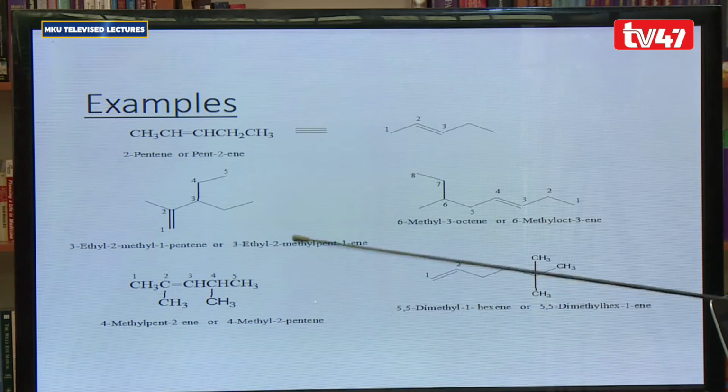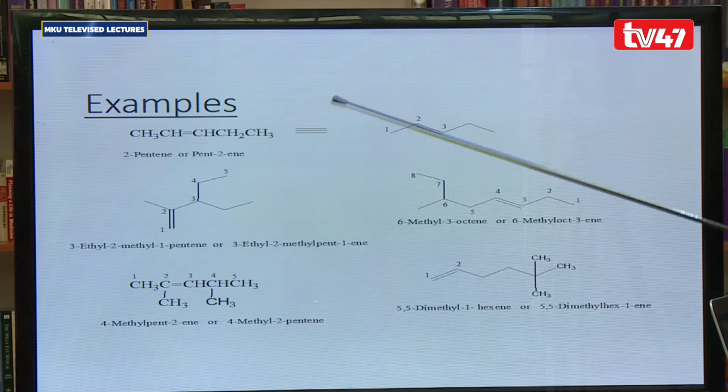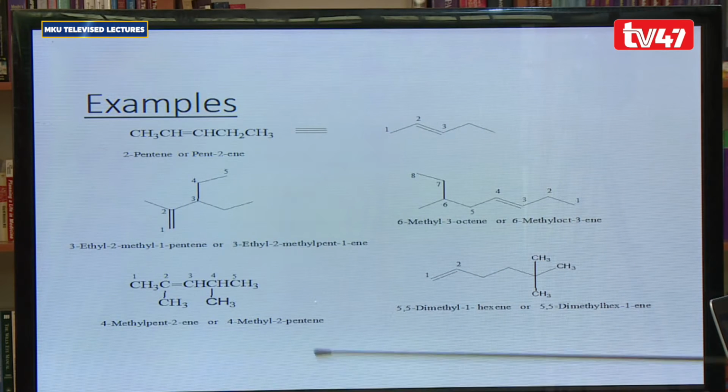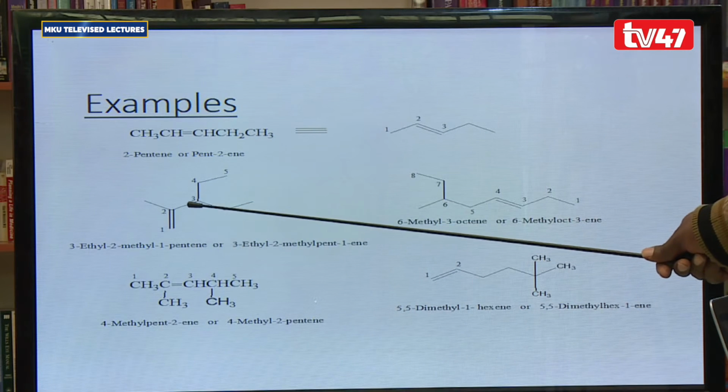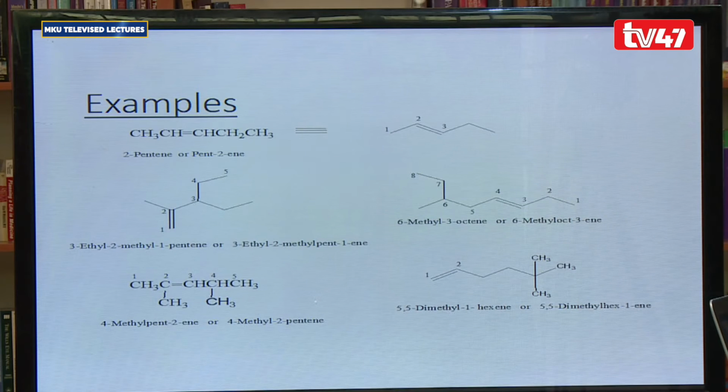Now, if you look at this molecule here, usually when you are choosing the main chain, you have to include the double bond. So in that case, you start counting 1, 2 from the position of the double bond up to the longest chain, which is a 5-membered chain.